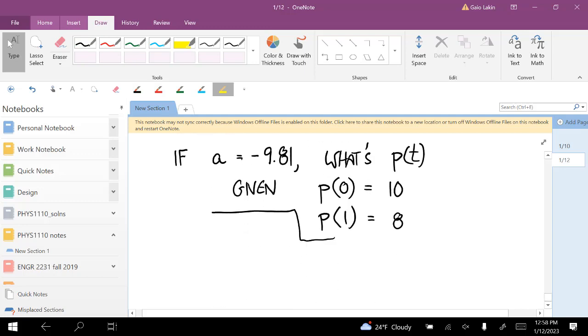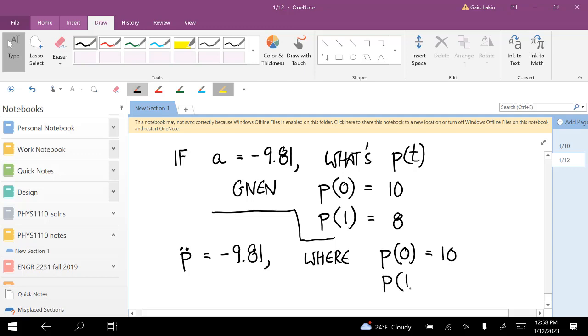So our problem really is p double dot is equal to negative 9.81. And these are our two boundary conditions. P of 0 is 10, and P of 1 is 8.